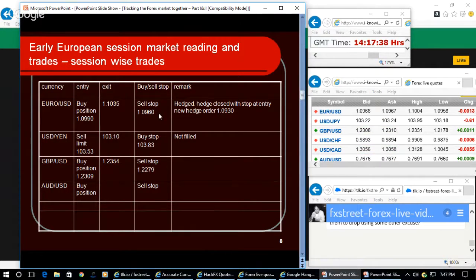If I would have used the stop, simply the position would have been closed, and we would have incurred a 30 pips loss. Instead, what I did, once it was hedged, I watched for 10 minutes and kept the stop at entry, and then subsequently they closed the hedge, and I kept another hedge order at 1.0930 and watched, just taking another 30 pips risk.